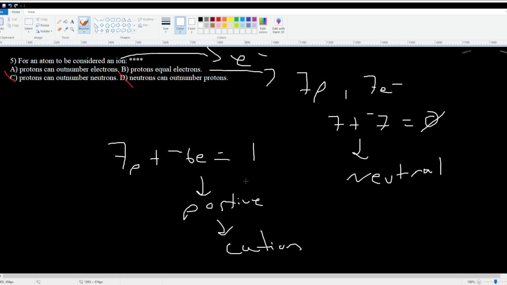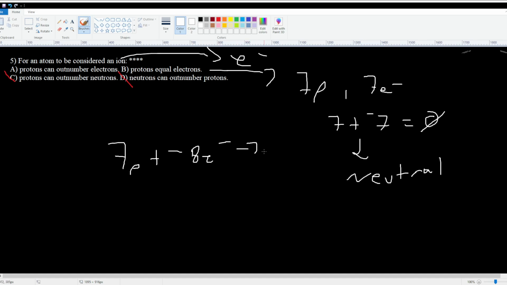When atoms lose electrons, it becomes a cation, which is a type of ion, of course. Now, what if we took the same example and made it 8 electrons? Then we get -1.